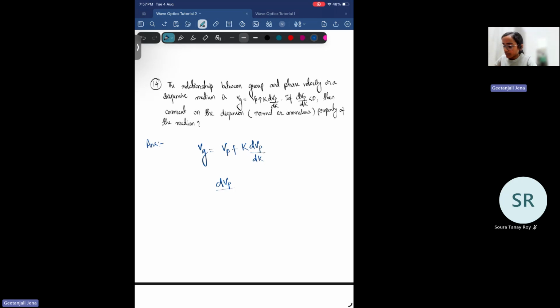Given dVp over d omega is less than 0, then comment on the dispersion property of the medium, whether it is following normal dispersion or anomalous dispersion. What will be the answer for this?